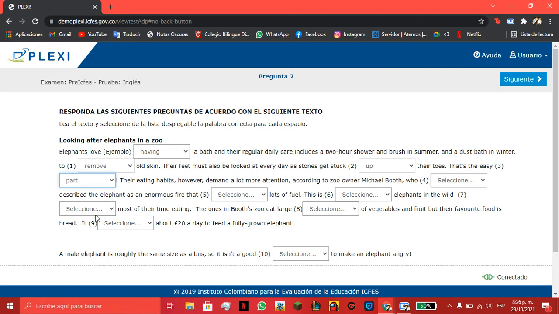Their eating habits, however, demand a lot more attention, according to zoo owner Michael Booth, who now, before, once, and then described the elephant as an enormous fire that.